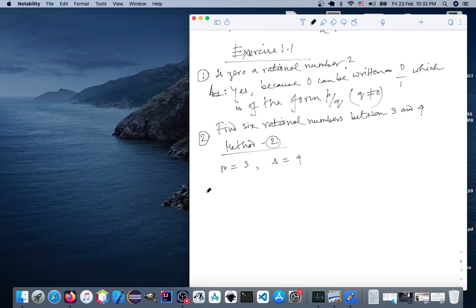Our r dash has the same denominator, 4. Now, our r double dash will be, since we have to find 6 rational numbers, we multiply with 7, that is 6 plus 1. So 3 into 7 over 1 into 7, and 4 into 7 over 1 into 7.